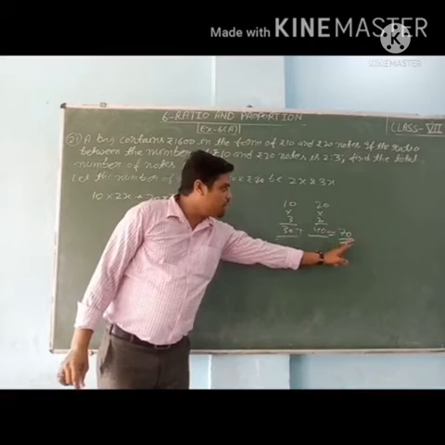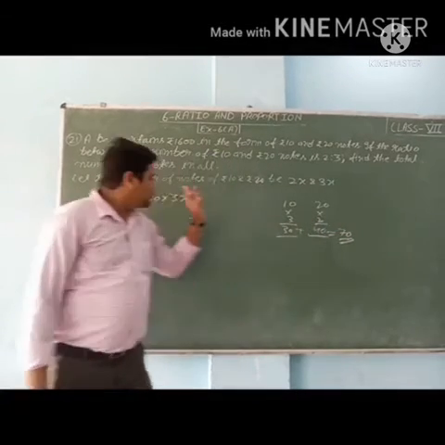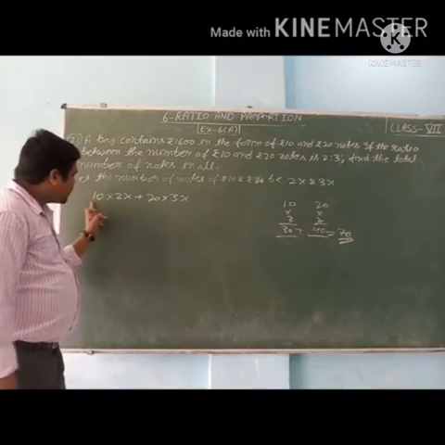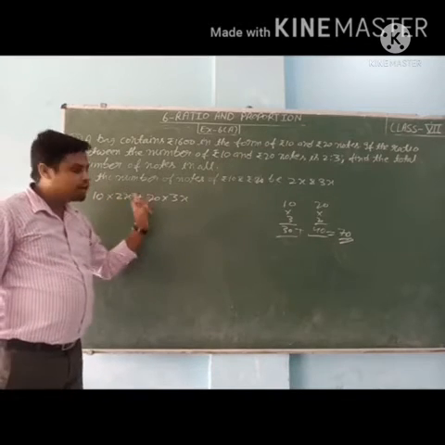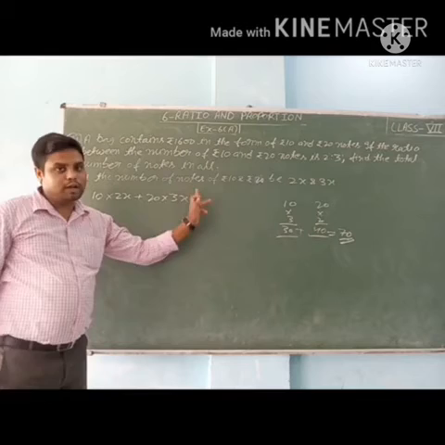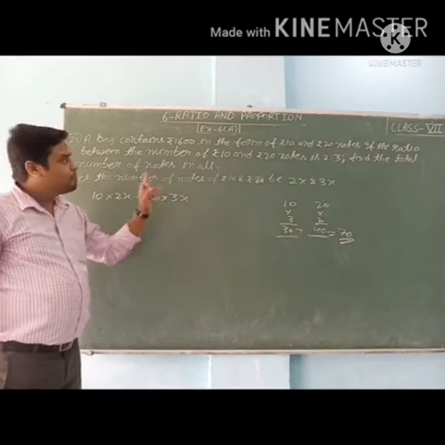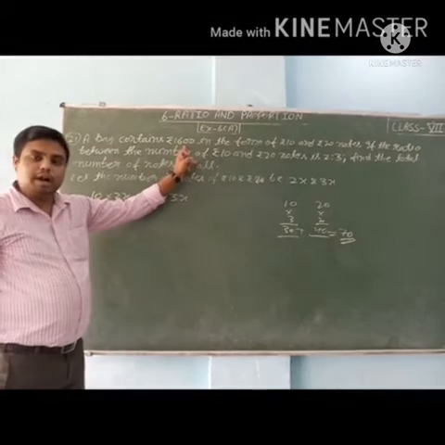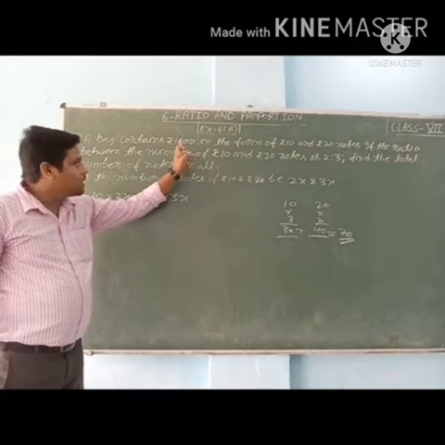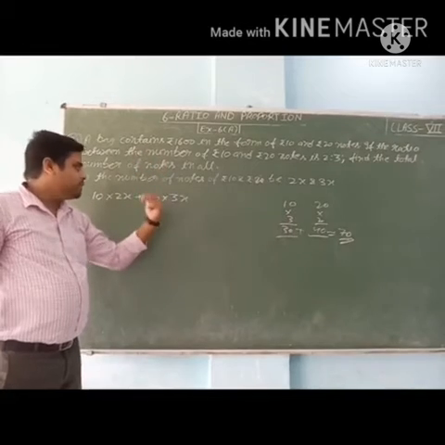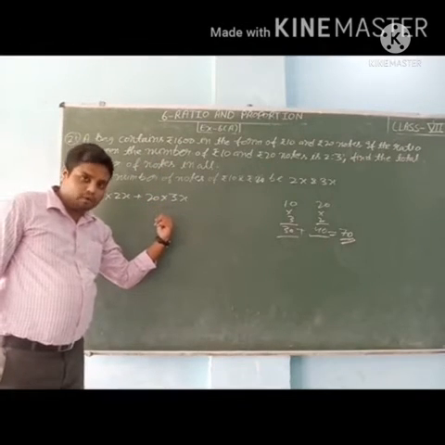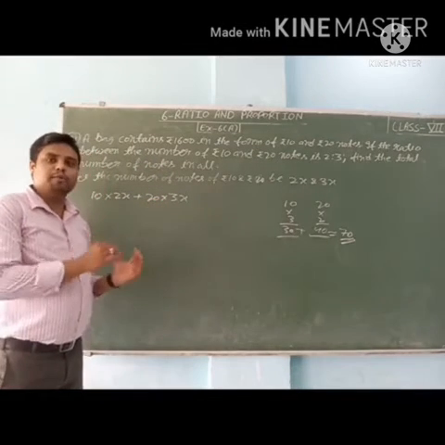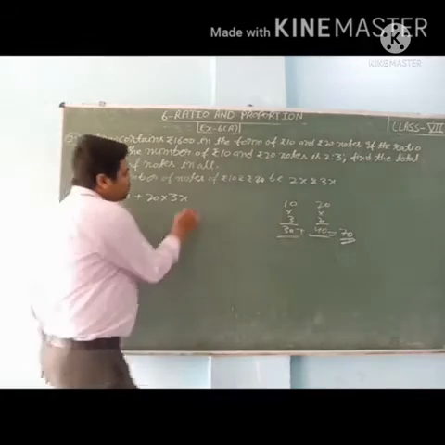And the total amount in the bag is 10 into 2x plus 20 into 3x. But in the question it is given the bag contains rupees 1600. So we can make both the amounts equal.